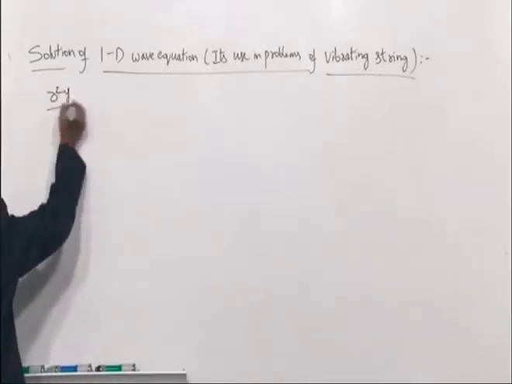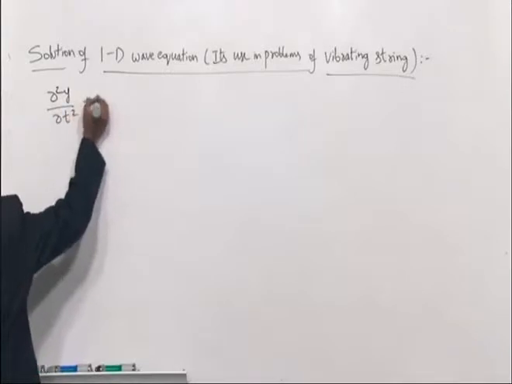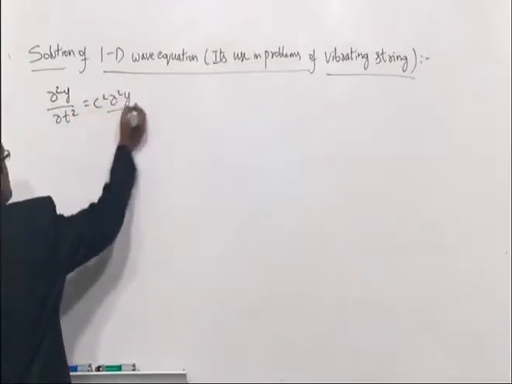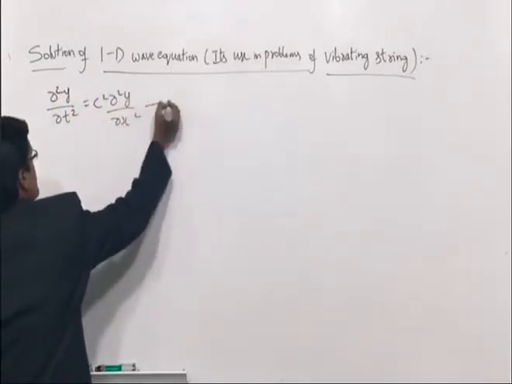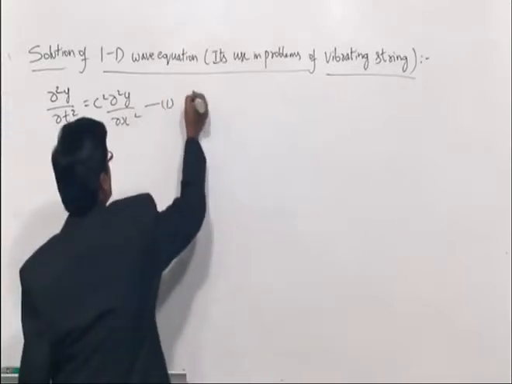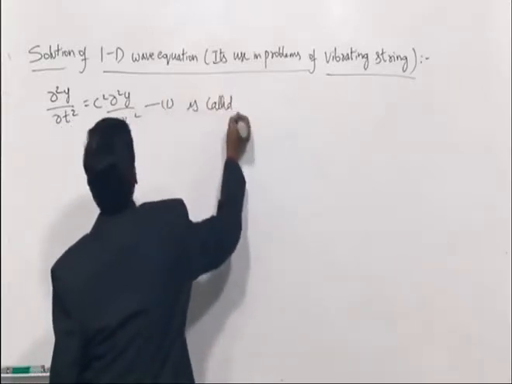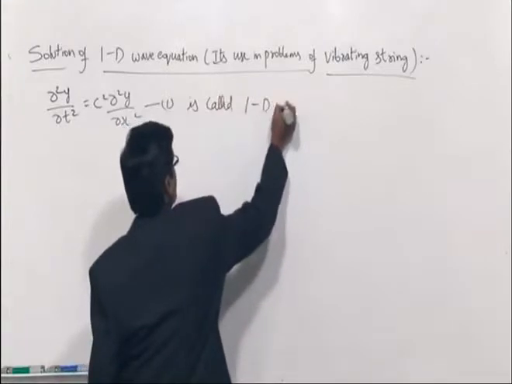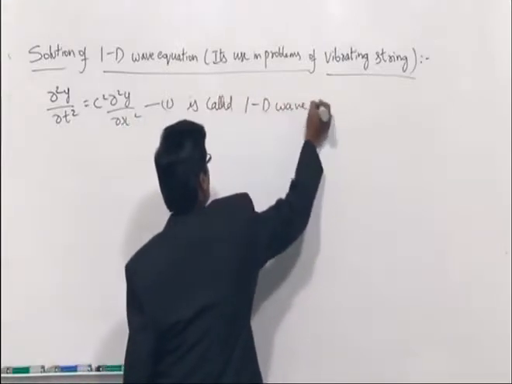Del square y by del t square is equal to c square del square y by del x square. Equation 1 is called the 1D wave equation.